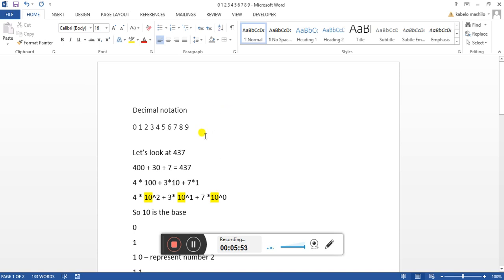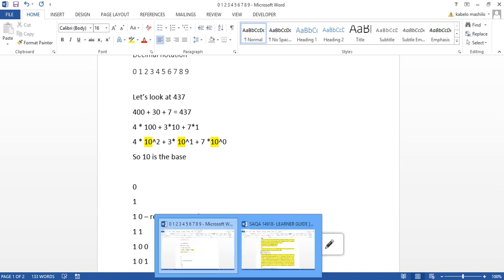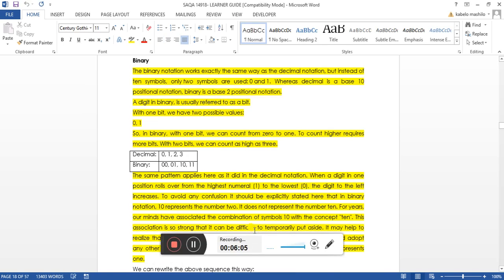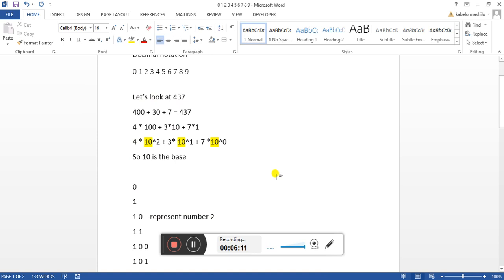In decimal notation, we've got our numbers counting from 0 to 9, and then in binary notation we've got zeros and ones.